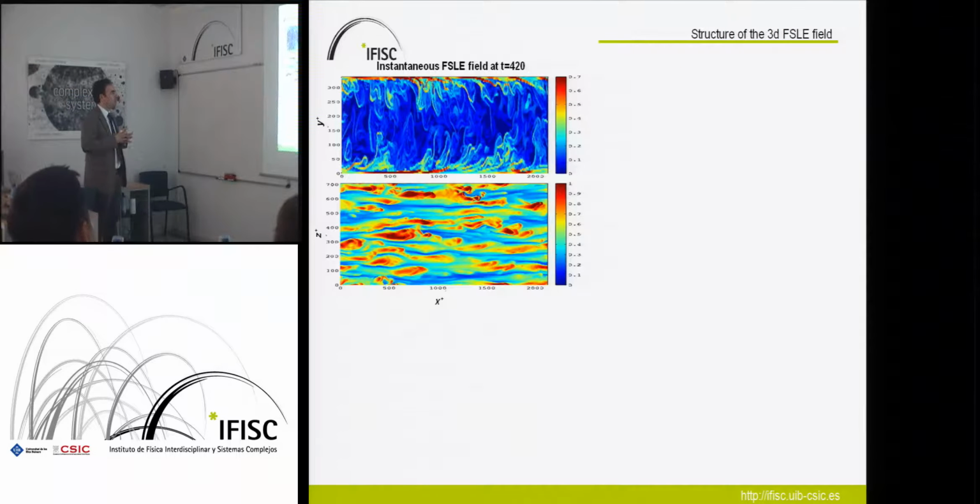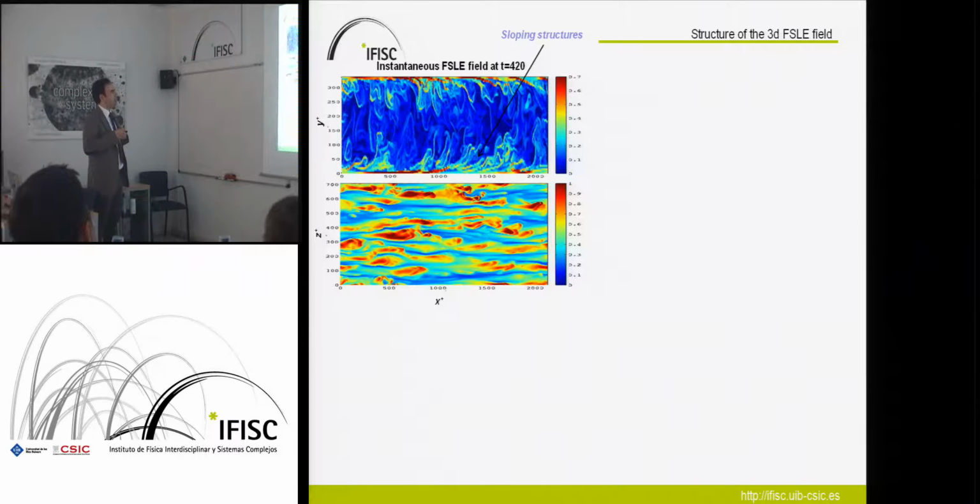So, first, I'd like to show you what the finite size Lyapunov exponent distribution looks like. Here we have a vertical section of the channel, and we can see that it is mainly characterized by these sloping structures that rise from the wall, both on this wall and that wall.